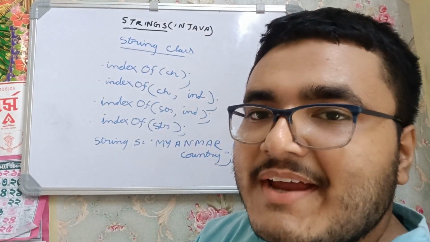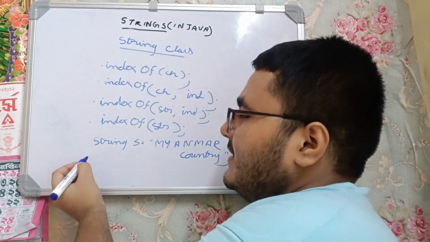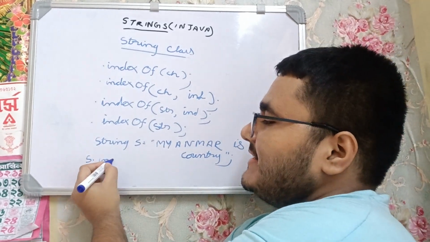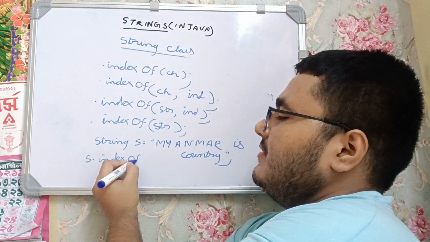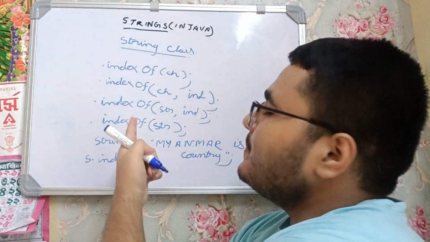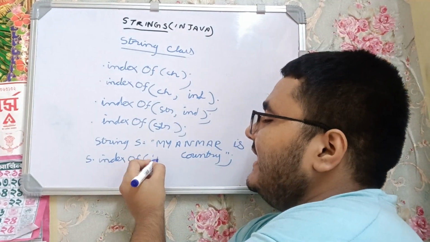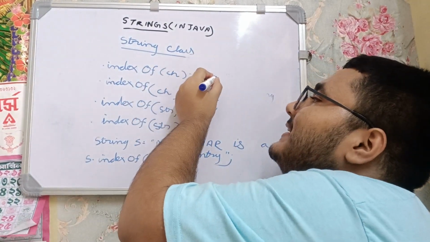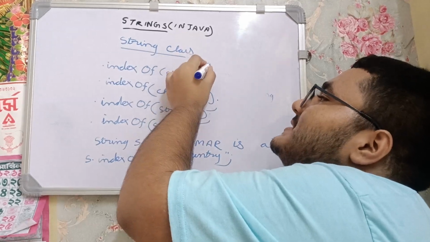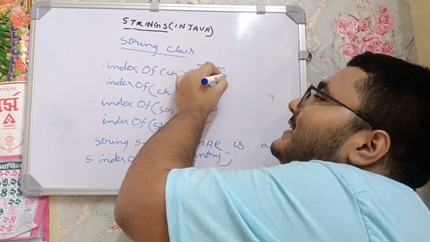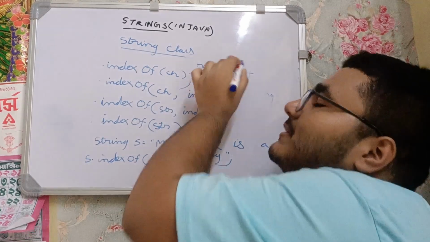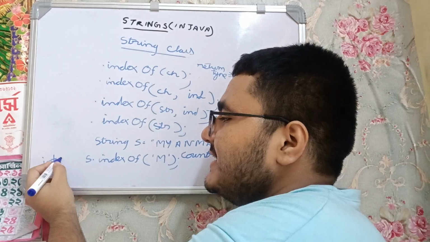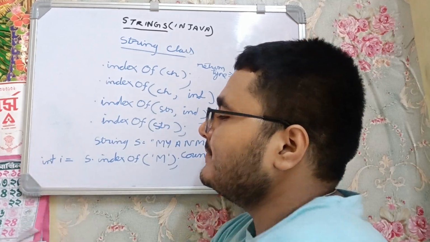So if I write s.indexOf, you need to pass a character. If I write 'm', the return type of index will be an integer, because the index is an integer, right? It will return an integer value, and I am storing it in some integer, say int i is equal to.